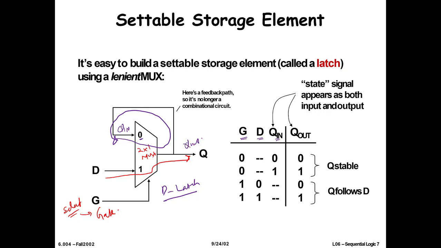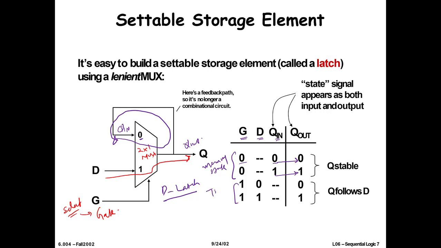So when G is 0, the gate is closed. Whenever G is 0, we call this memory state. When the latch is in memory state, whatever is on QN appears on Q out.